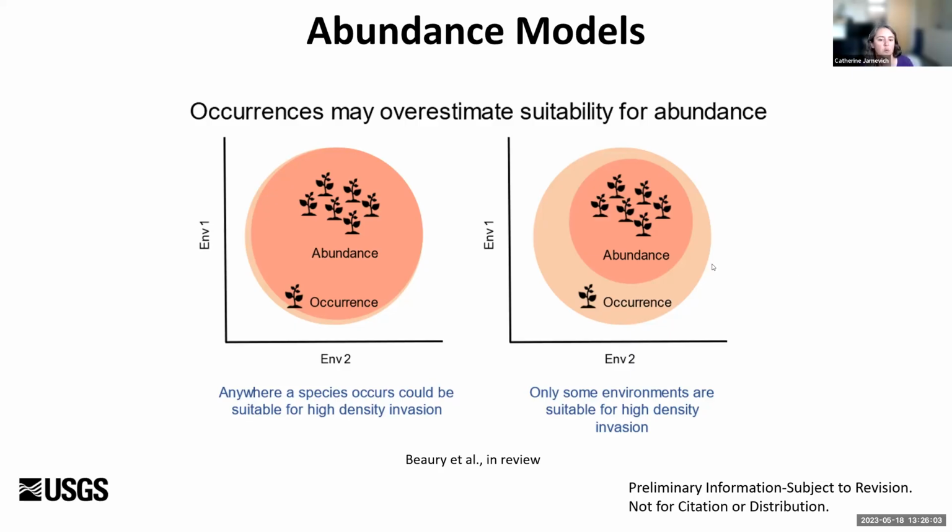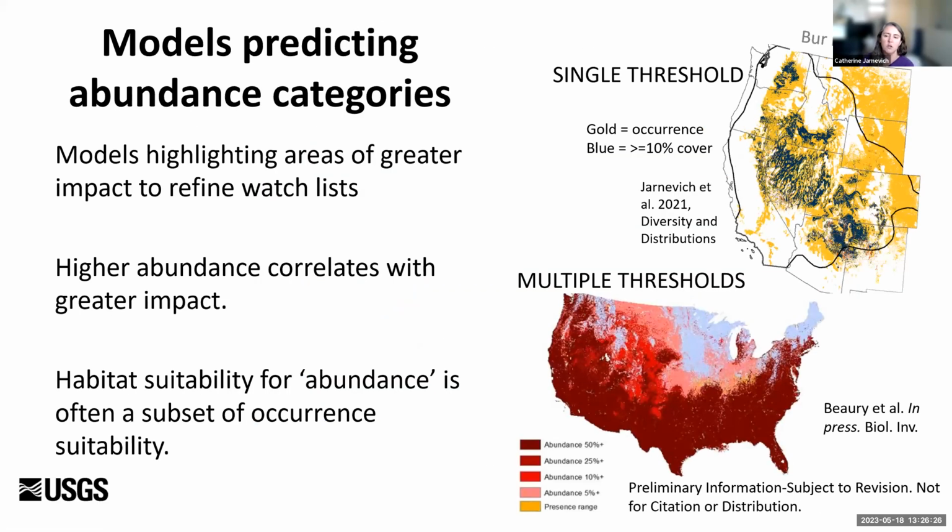Here's an example where we have environment 1 and environment 2, where anywhere a species occurs could be suitable for high density invasion. But there could be some species where the environments where the species might become abundant are a subset of those where the species can occur. So that's what we're doing right now: trying to create models predicting abundance categories.